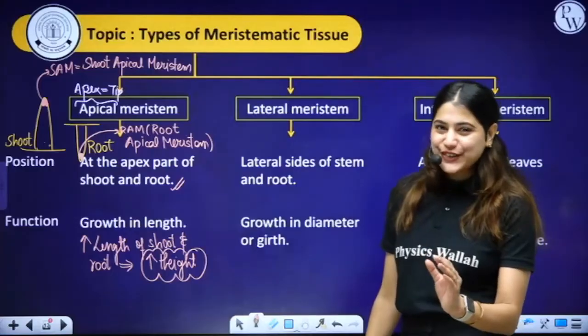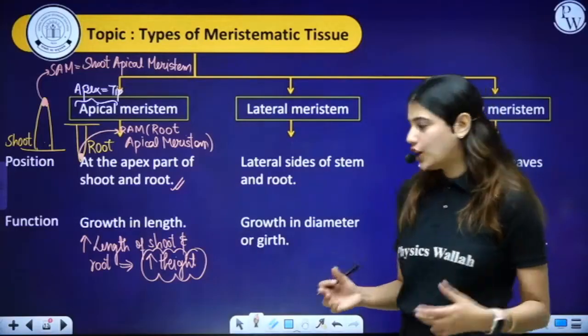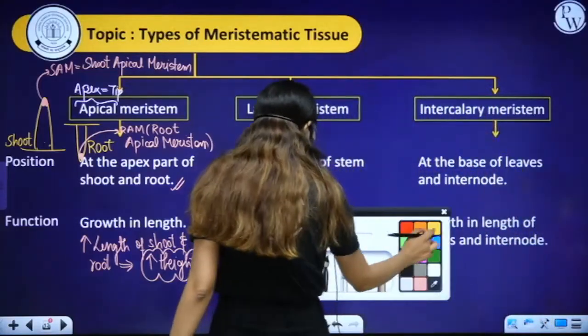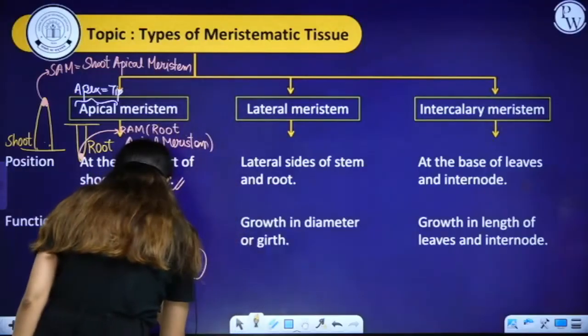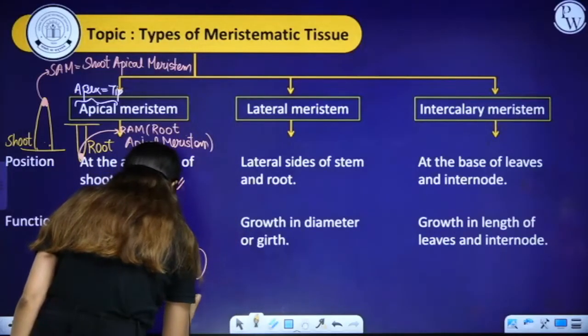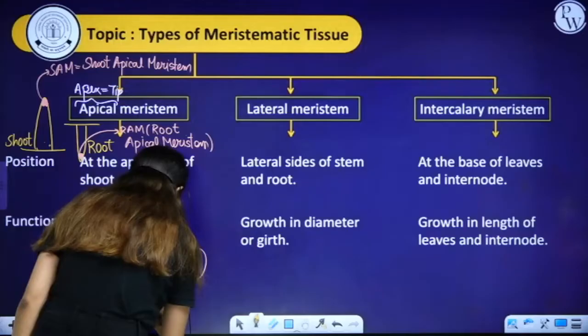Such type of growth, where the height is increasing, is called primary growth.